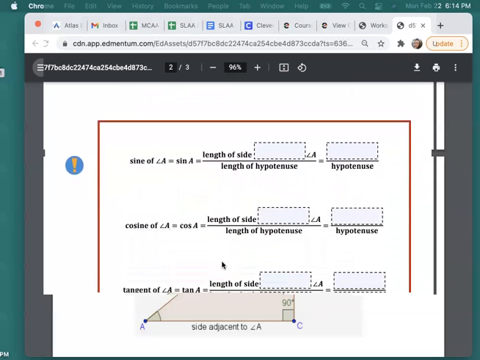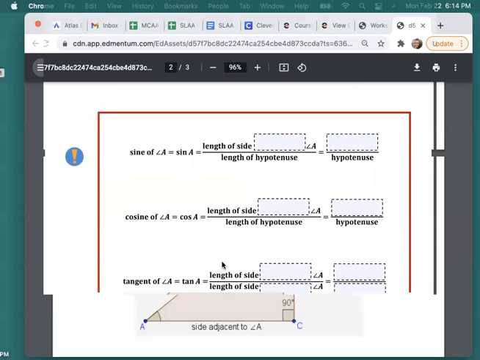And then you have your ratios. So the sine, it's not sin, it's pronounced sine. Sine of angle A, or sine A, is the length of what side in relation to A. So that is adjacent.